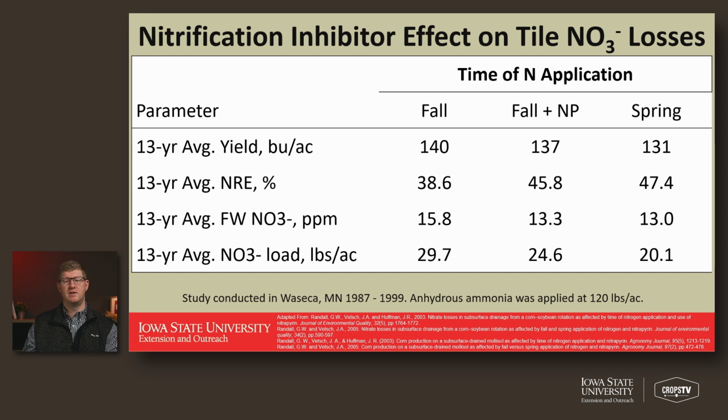And then our bottom two rows are those water quality measures. And so you can see over 13 years, there was an average, like very small reduction. They weren't statistically different. And so even over 13 years of looking at this, we really don't see much of a difference in terms of yield or water quality with an inhibitor.